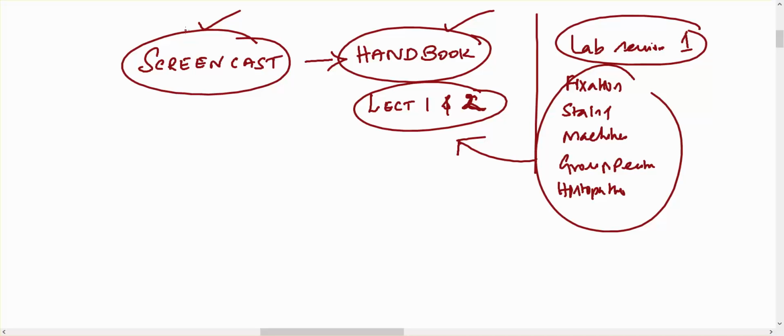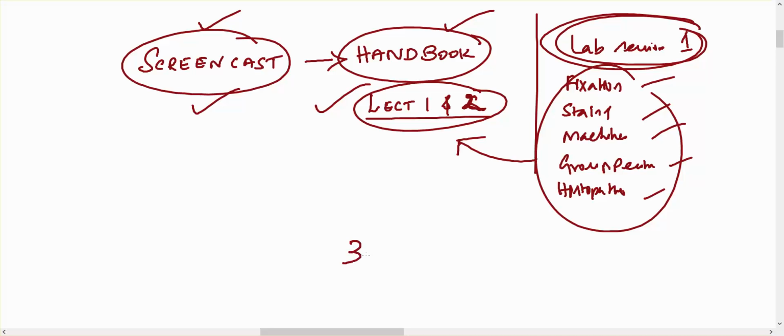So see the screencast, then read the handbook, for example of lecture 1 and 2, then go to the laboratory session and finish the discussed part of the laboratory session. Likewise, next you go for lecture 3, 4 and 5, that is related to acute inflammation, chronic inflammation and tissue repair.